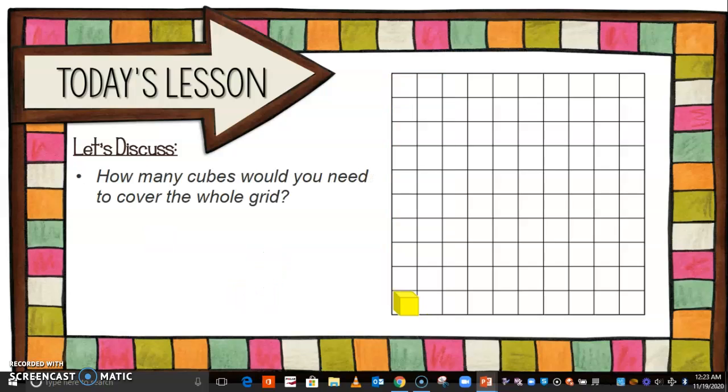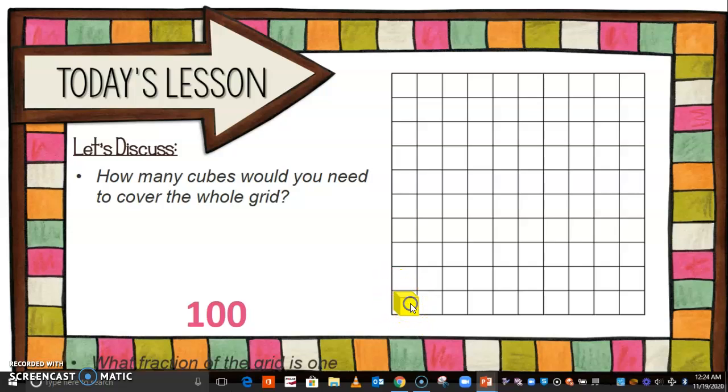Okay. We can do this with our cubes too, guys. Now, if I was going to do the cube, how many cubes would you need to cover this entire grid or this whole pizza? Right? Yeah, 100. And I'm not going to do that because that will take forever. So you would need 100 of these little guys. These are like your pennies, right? 100 of them.